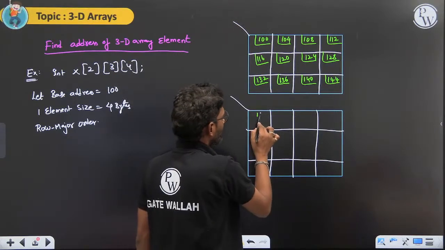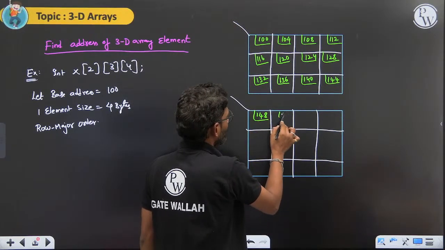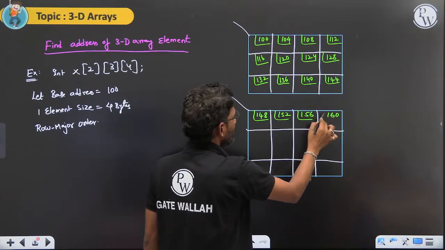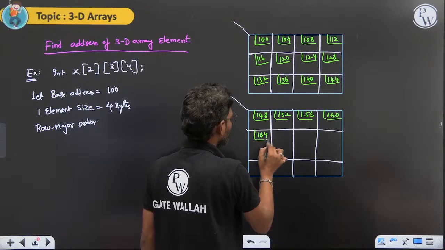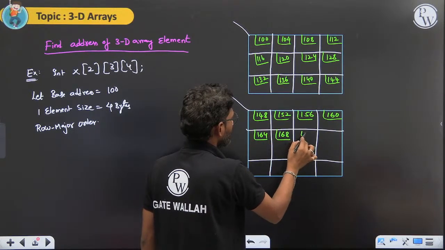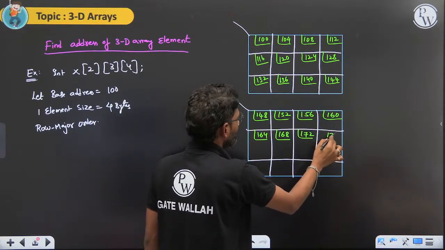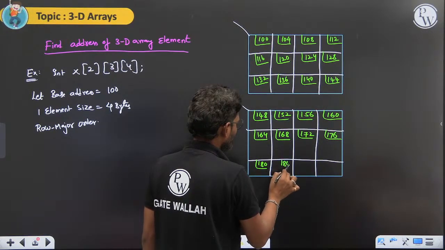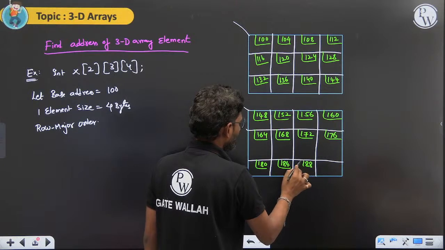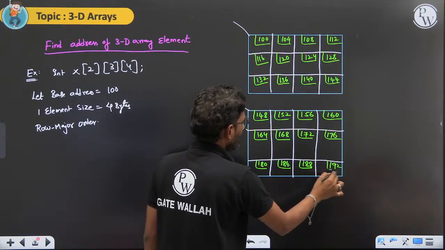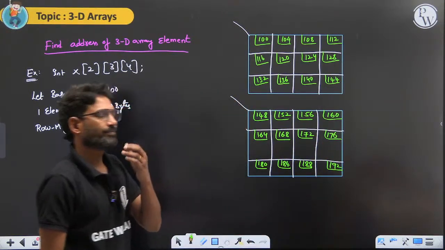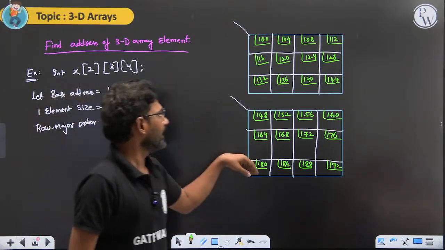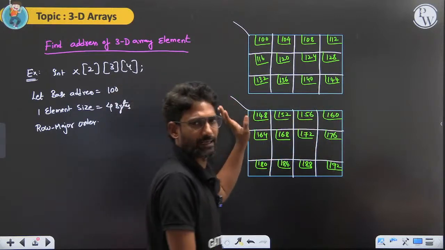So it would be 148, 152, 156, 160, 164, 168, 172, 176, 180, 184, 188 and 192. Right? So, now you want any element address, you can easily get it.